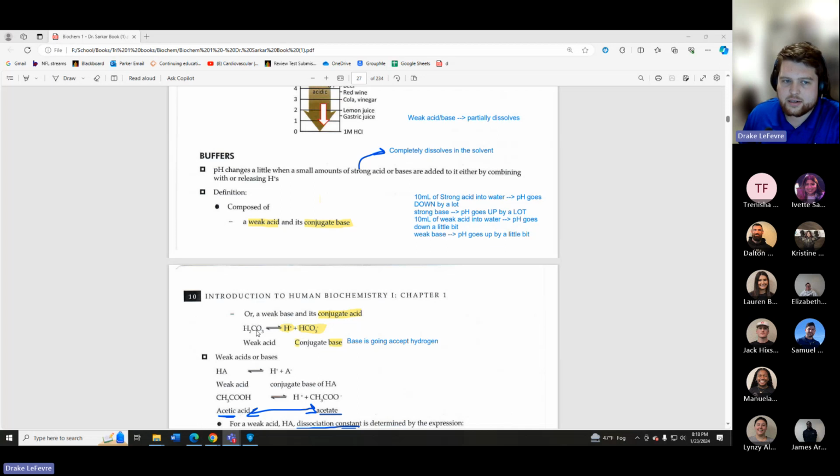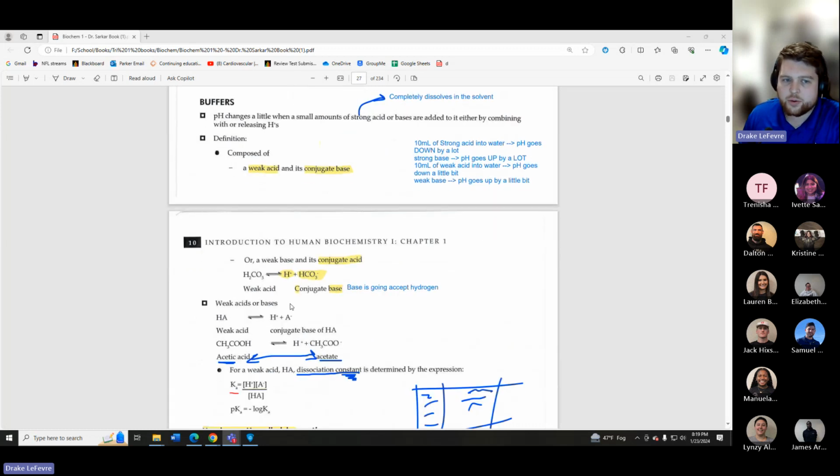So you put the weak acid into the solution, part of its hydrogen comes off, and then its HCO3 is floating around, and that's its conjugate base. So all of these together, a weak acid floating around in a solution, giving off its hydrogen, forming a conjugate base, that's what makes a buffer system.